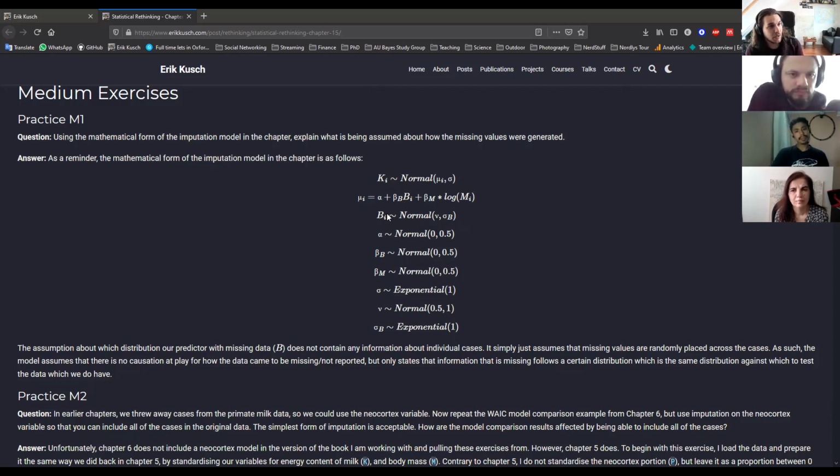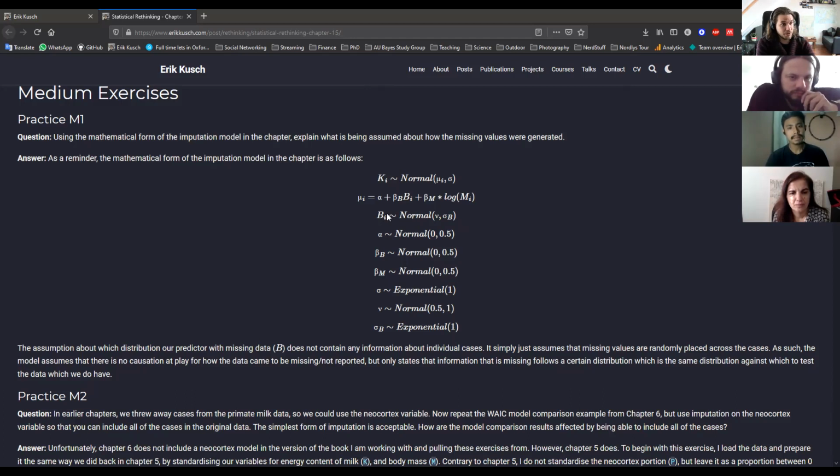Now the assumption right here for our predictor for which we have missing values. So variable B has some missing values. What is the mathematical assumption in this model? The mathematical assumption here is just that this is simply completely random.